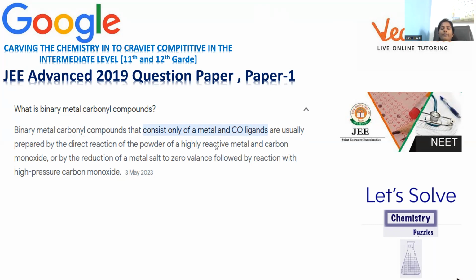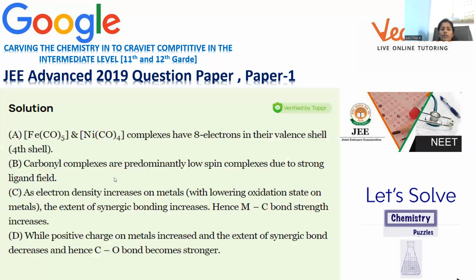A highly reactive metal in powdered form can be taken and treated with carbon monoxide, zero valent, followed by reaction with high pressure carbon monoxide. Simply, binary metal carbonyls are nothing but pure metal bound with carbon monoxide at elevated temperature, without any kind of transformation, directly binding metal with the carbonyl. That is called a binary metal carbonyl compound.